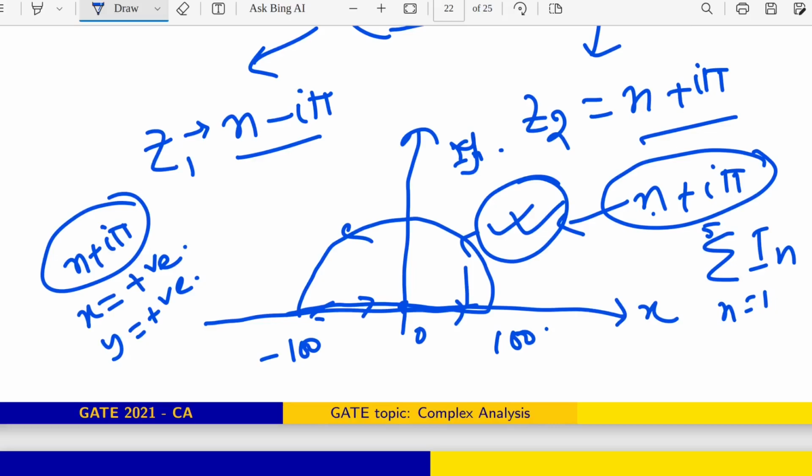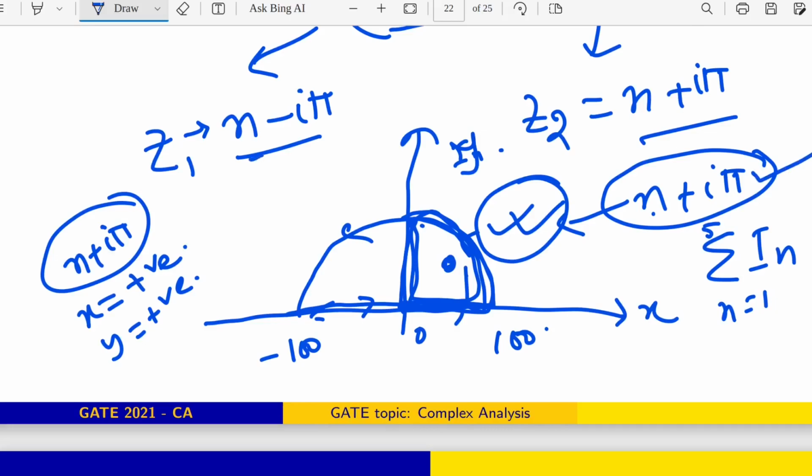And obviously as it is up to 100, n equals 1 to 5 will obviously fall in that region, the region I am surrounding right now. So that means this point will lie in that contour.